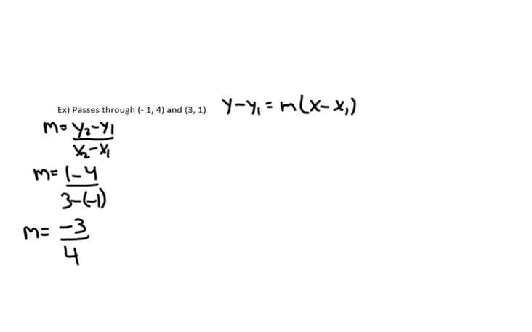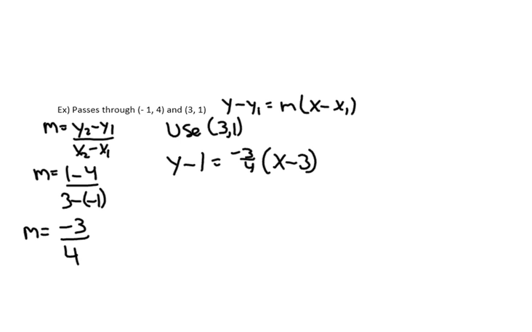Now, because the line is passing through both of these points, it does not matter which ordered pair you pick. I'm going to use 3, 1 because they're positive. So plug in what I know. So that's going to be what? Y minus 1 is equal to -3/4 times a quantity x minus 3.